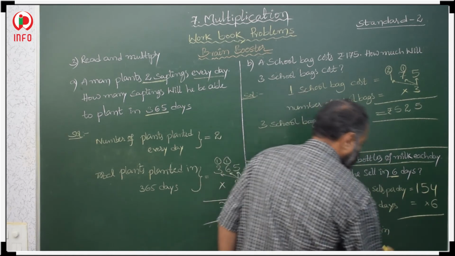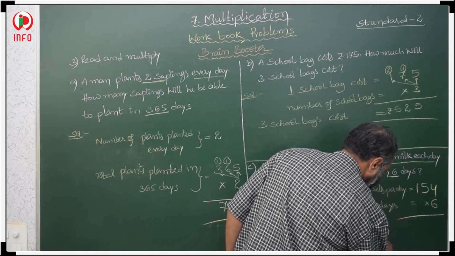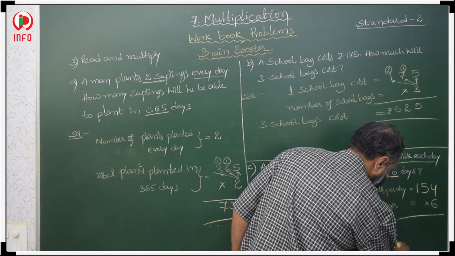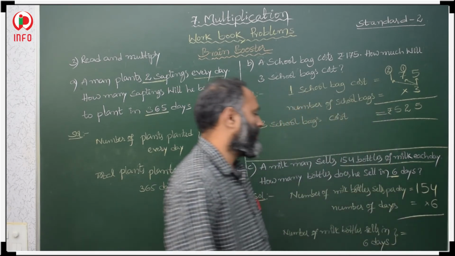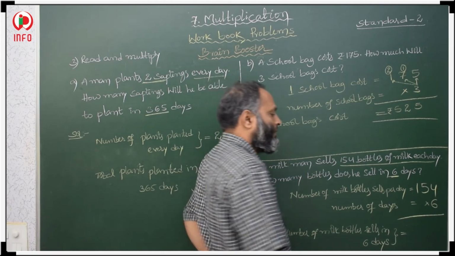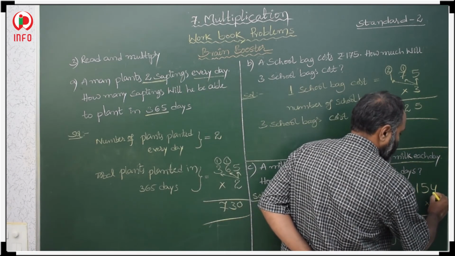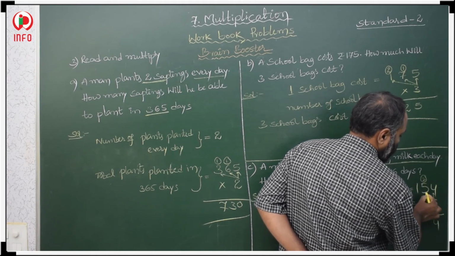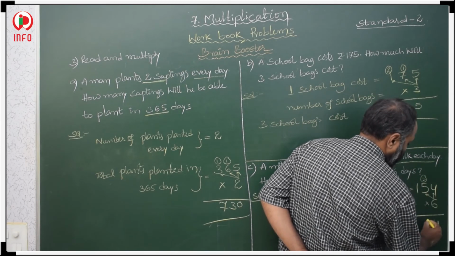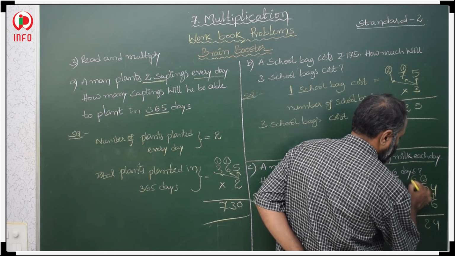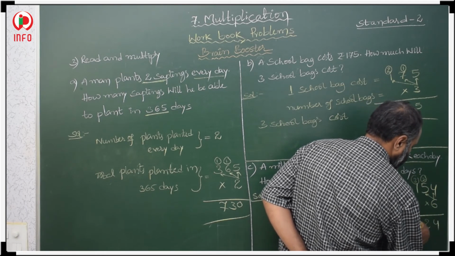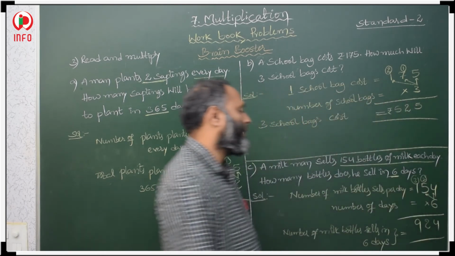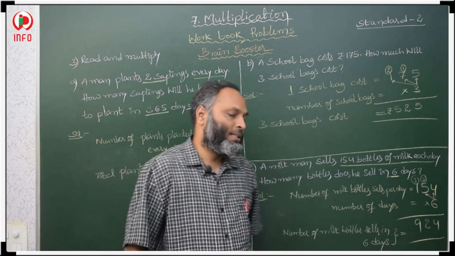In 6 days, how many milk bottles does he sell? Now we have to multiply 6 with 4. 6 4s are 24, 4 ones and 2 tens. 6 5s are 30, 30 plus 2 is 32, and 3 here. 6 ones are 6, 6 plus 3 is 9. So 924 bottles he sells in 6 days.